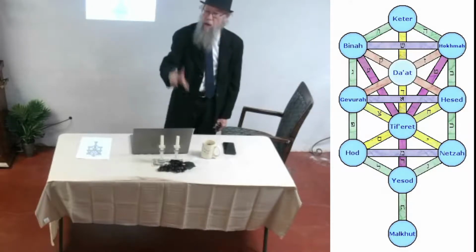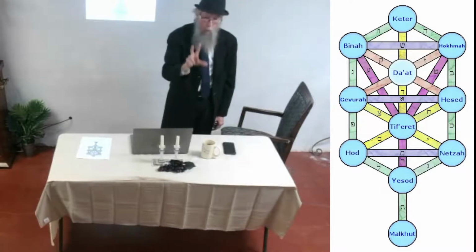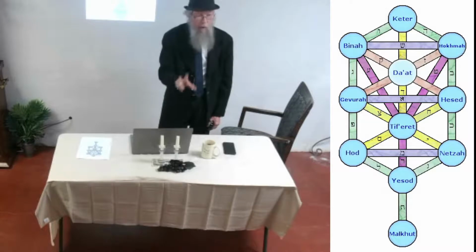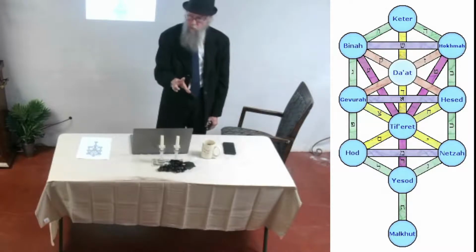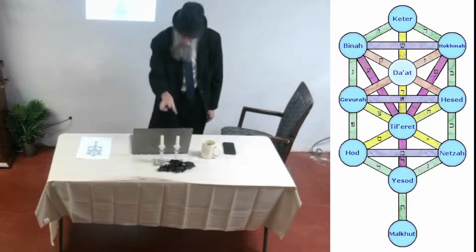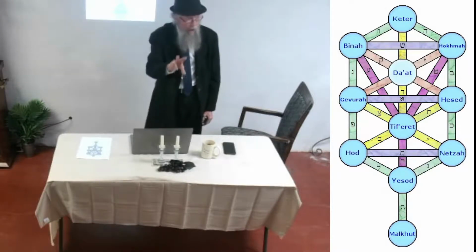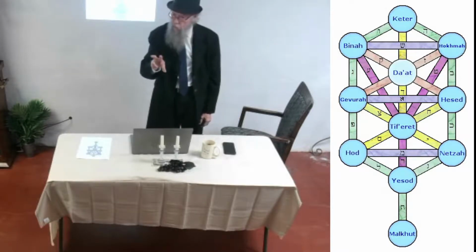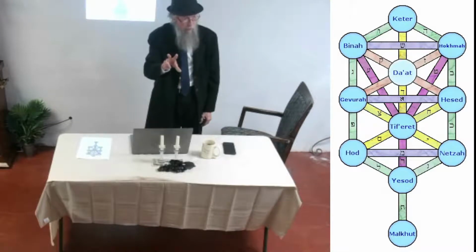How many trees were there? How many crosses were there? Come on. This will tell you. How many were there? 3. How many people were crucified? 3. How many trees?